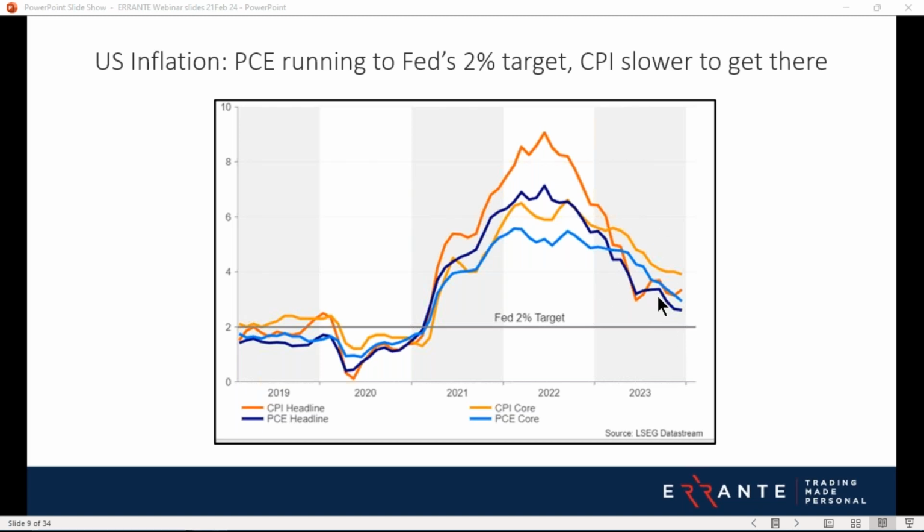But generally, I just want to show you this chart because obviously you've got the CPI headline there, and then the CPI core, those orange lines, but then the blue lines are the PCE headline and core, which are much closer to target. And as I say, that will be a key risk event for markets on, I believe, February the 29th.